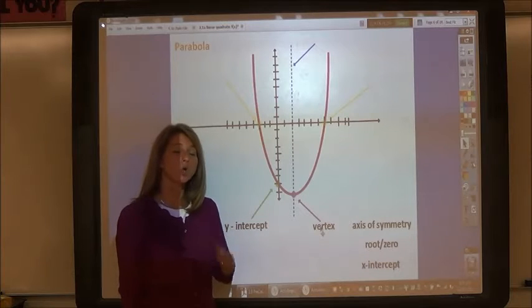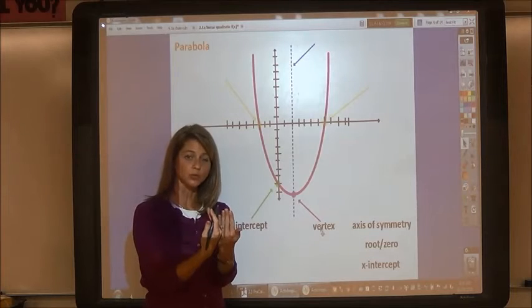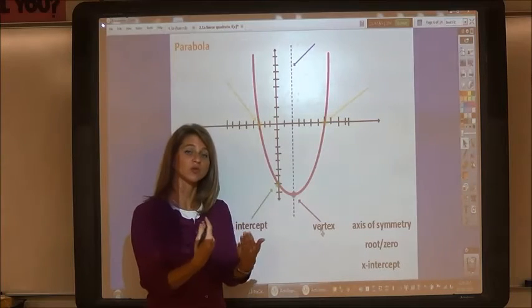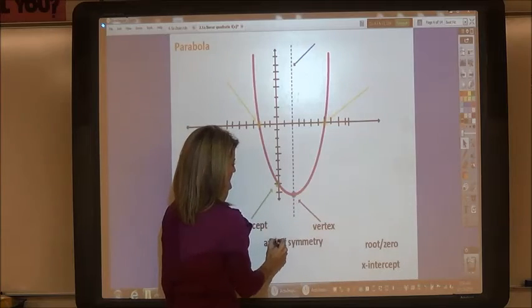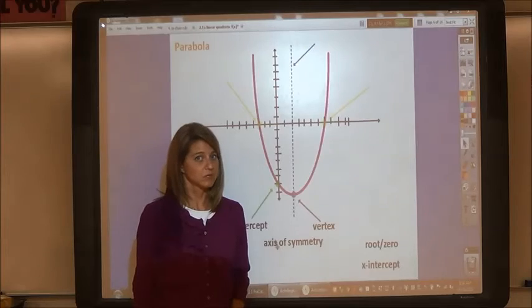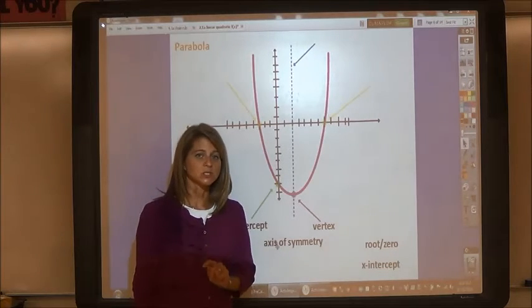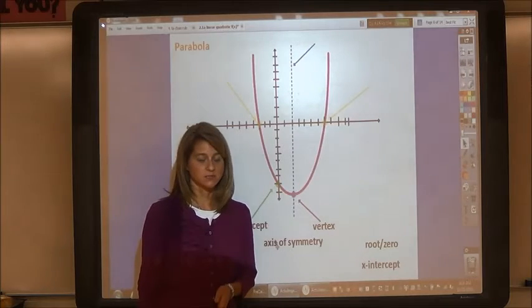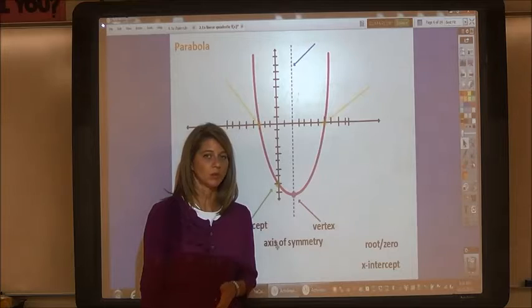A vertex is always on your axis of symmetry. That's that folding line. If you can fold your parabola exactly in half, your axis of symmetry is your fold line. And one really important thing to know, and this may be a good thing to write in your notes, is that your vertex is always on this axis of symmetry. On your fold line, that's where you have that maximum or minimum point.